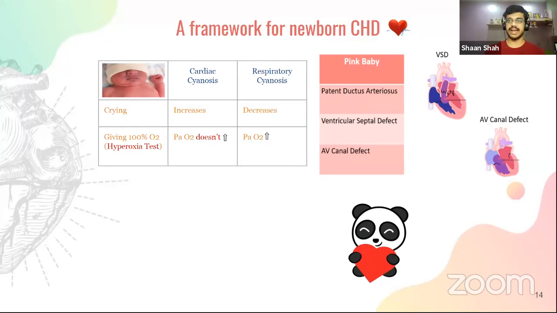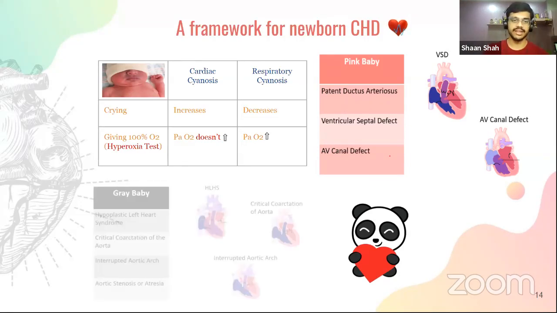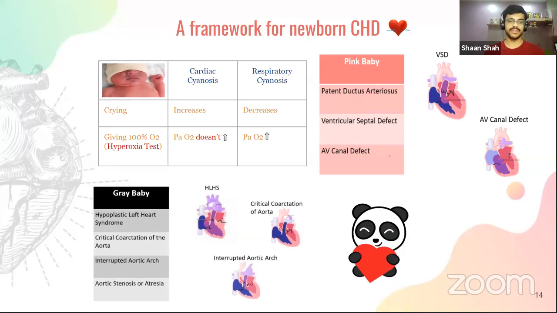Next up, we have the pink baby, which presents between 1 month to 6 months after birth, and generally they have left to right shunting, and they lead to congestive heart failure. Here are some examples: patent ductus arteriosus, VSD, and AV canal defect. Next up is the gray baby. Classifying this broadly, the blue baby and pink baby are related to the pulmonary circulation, while the gray baby is related to the systemic circulation.